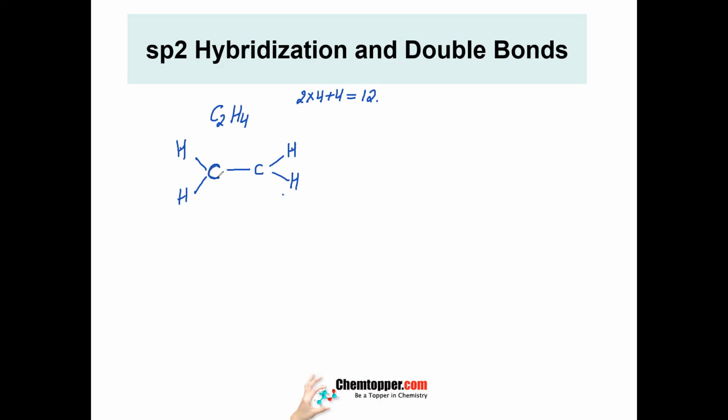Carbon can make maximum how many bonds? Carbon can make maximum four. So what should I do here? Make a double bond. Yes. So there is a double bond, right? Okay, now look, count the groups on this carbon.